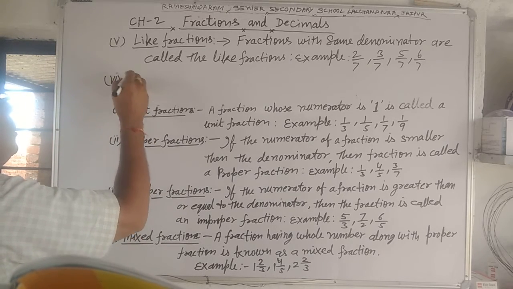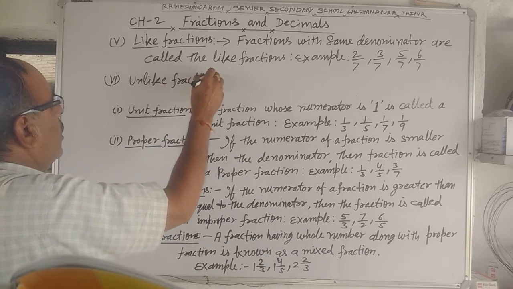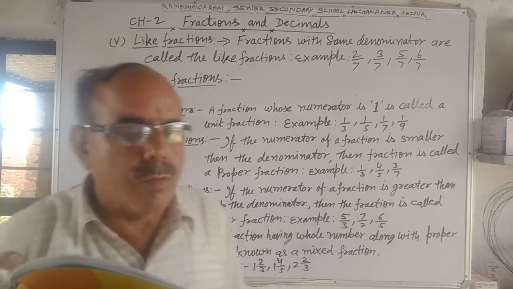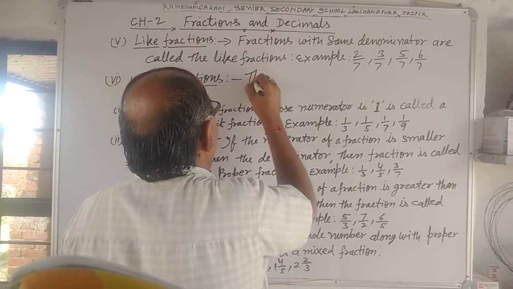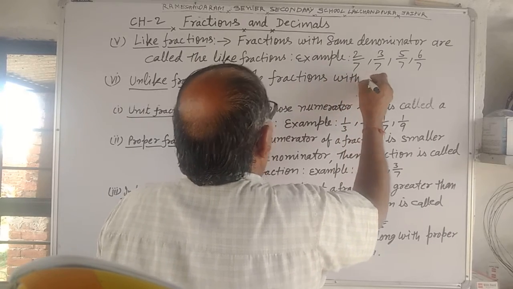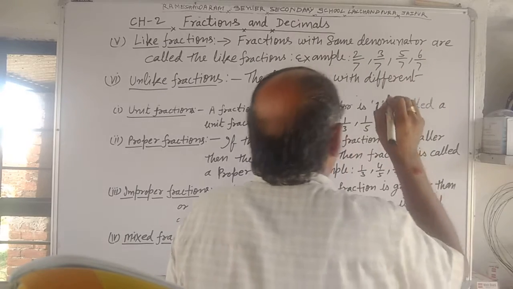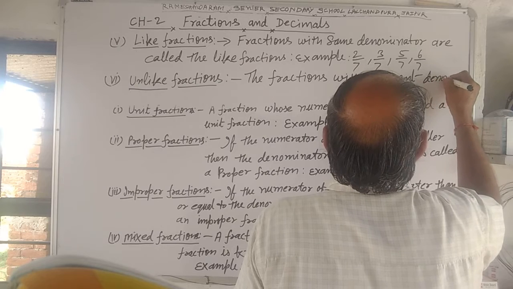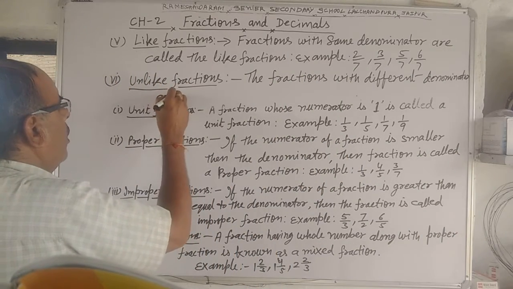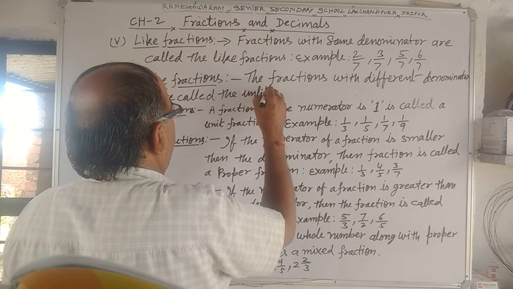The sixth is unlike fractions. Fractions with different denominators are called unlike fractions.